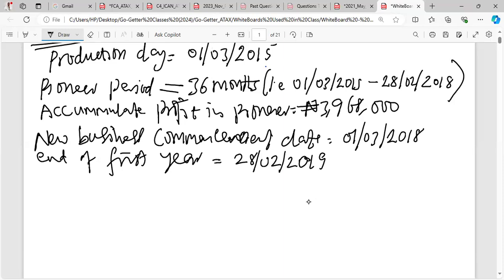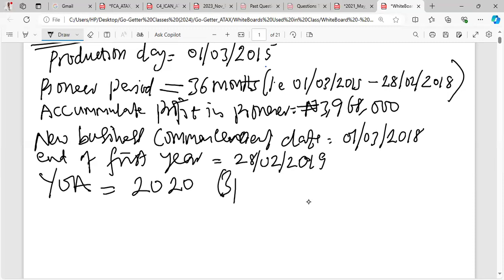So the end of the first year of assessment is 2019. Then your year of assessment will be 2020 year of assessment.